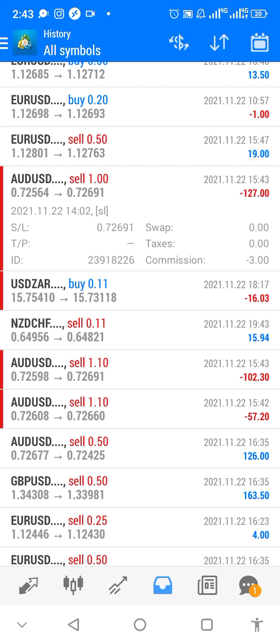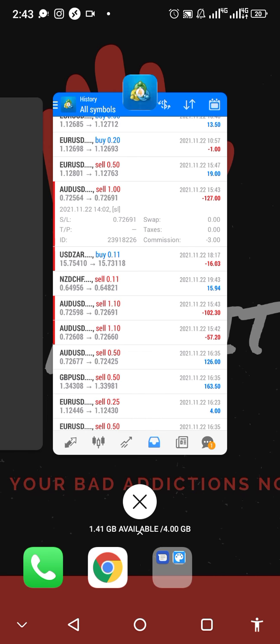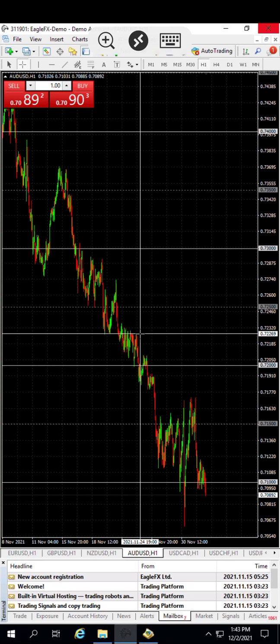It's not showing me the point of entry. 0.72564, 0.72564, 0.72.